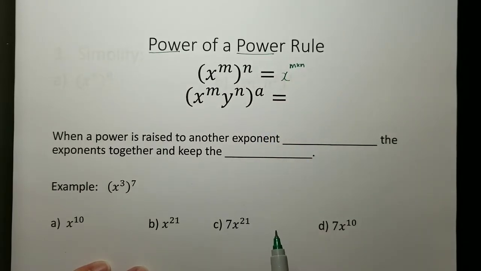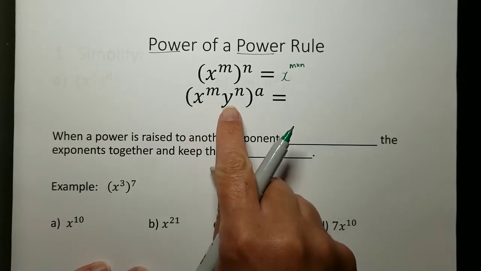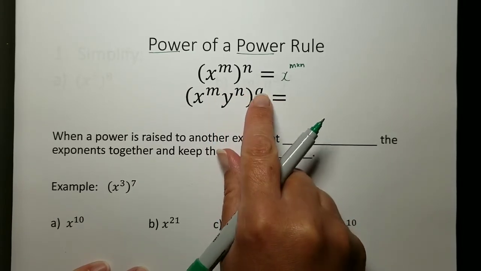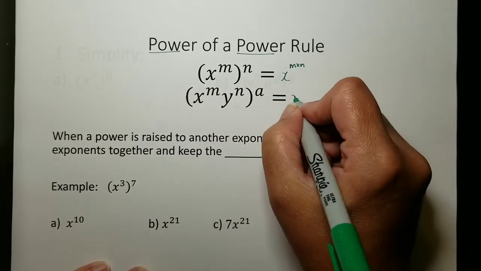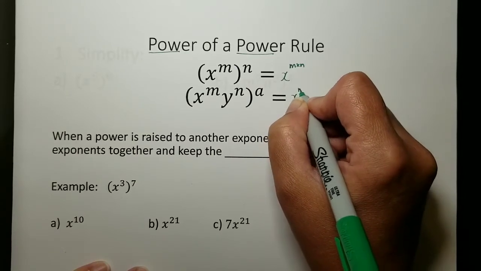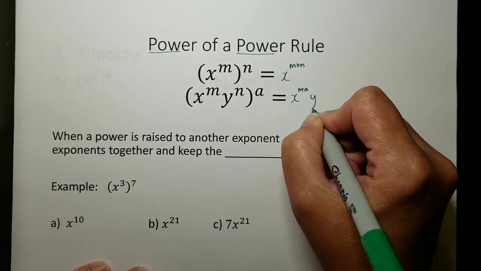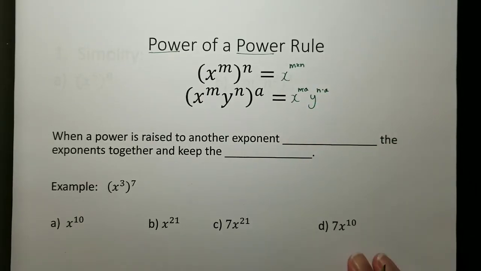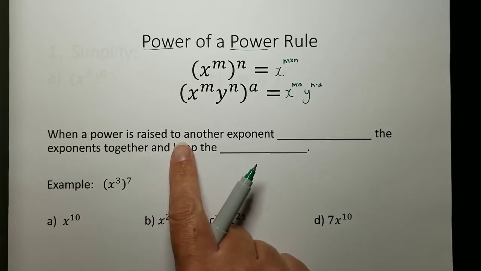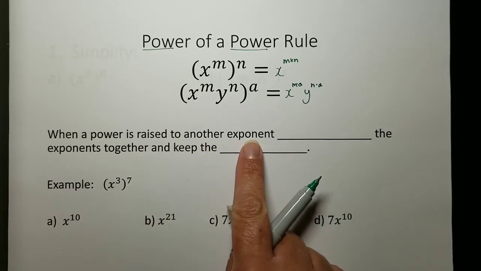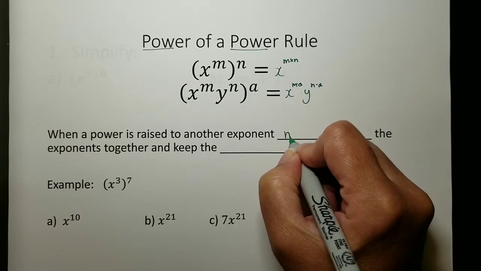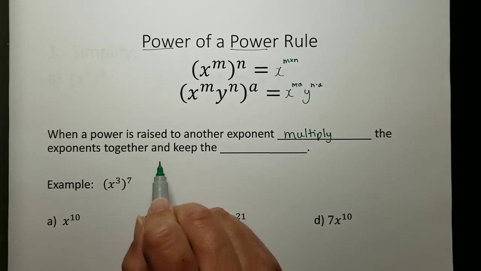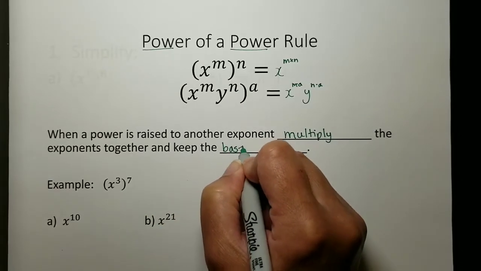The rule here is multiplying exponents. If you have multiple powers inside that bracket, you're going to multiply each exponent by the outer exponent. So this would be x to the exponent m times a and y to the exponent n times a. So when a power is raised to another exponent, you multiply the exponents together and keep the base the same.